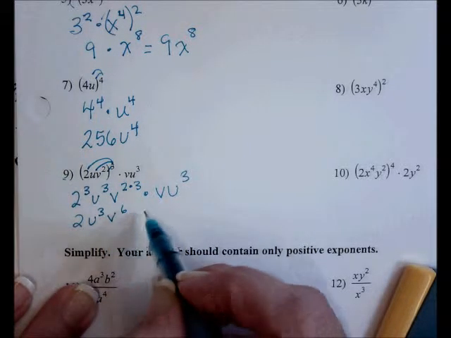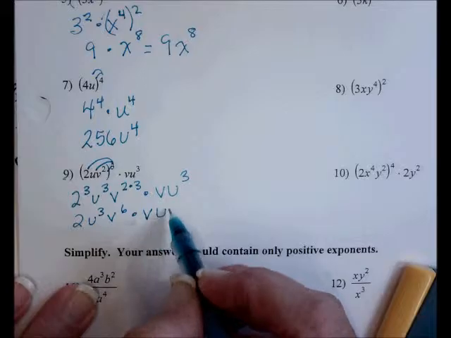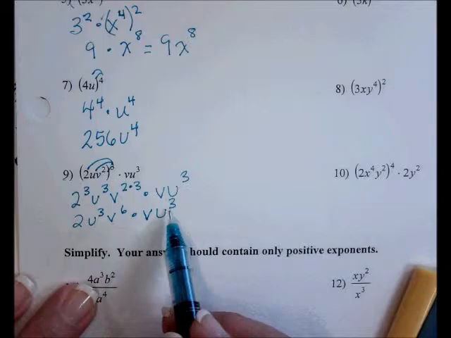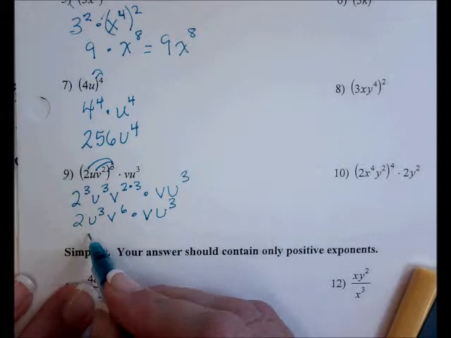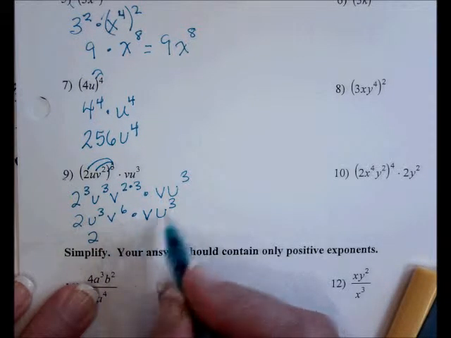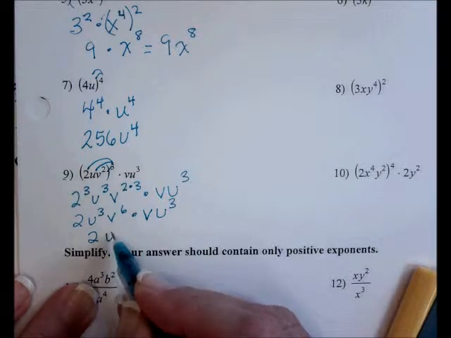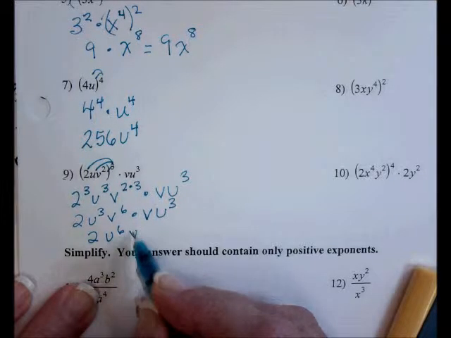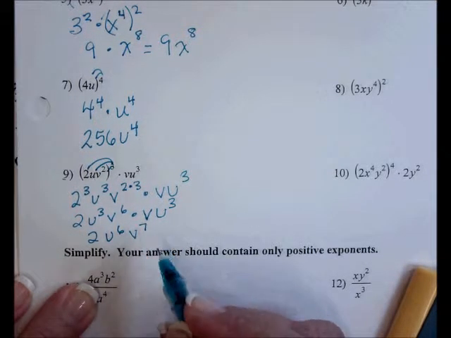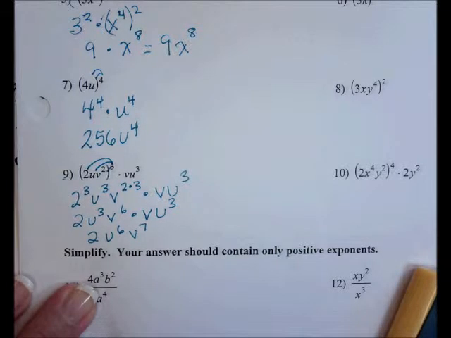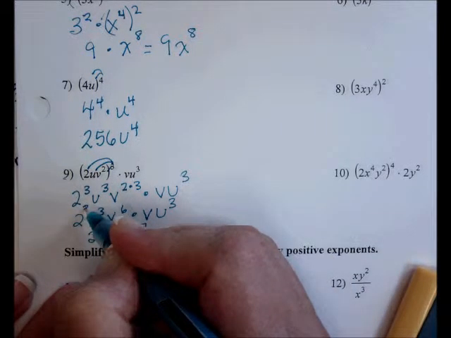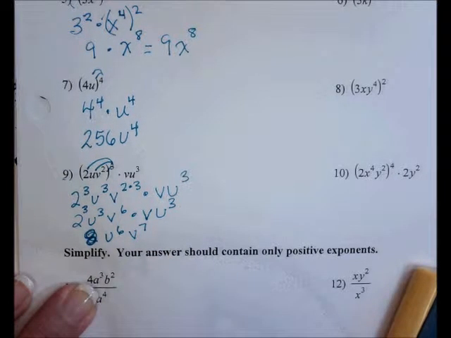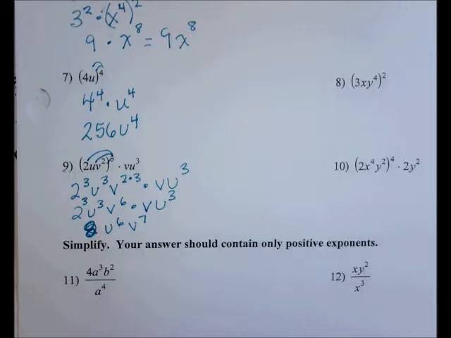Now I'm just going to combine and add my variables that are multiplied together. So I have u to the 3rd times u to the 3rd, so that's going to be u to the 3 plus 3, and that's going to be 6. And then I have v to the 6 plus 1, which would be 7. So this is my final answer, except I need to multiply out 2 times 2 times 2, which is 8. So that final answer is actually going to be 8 u to the 6th, v to the 7th.